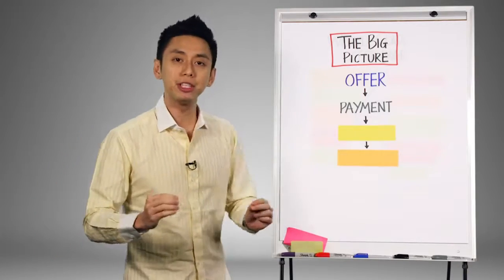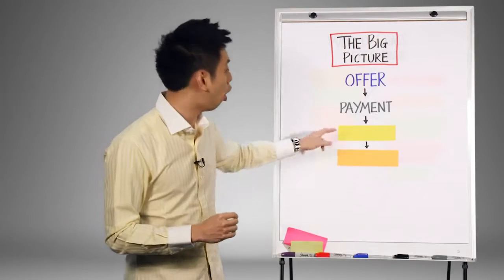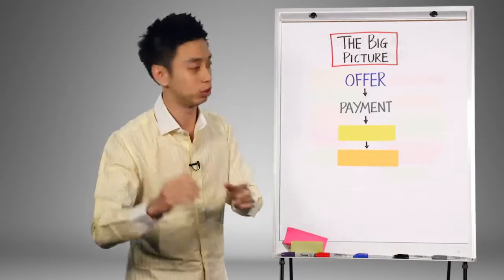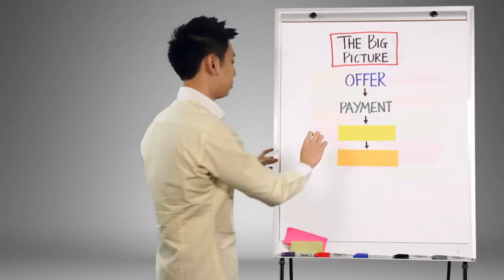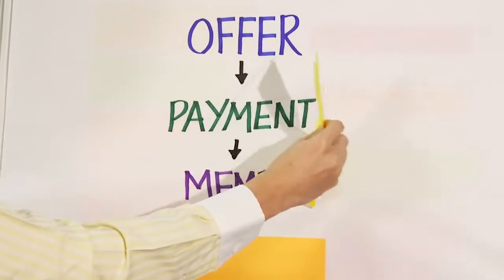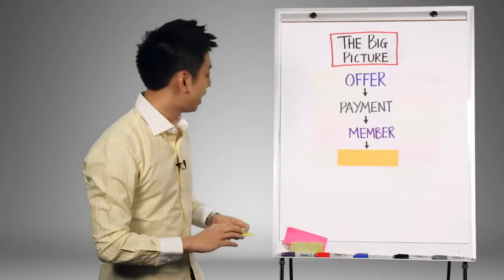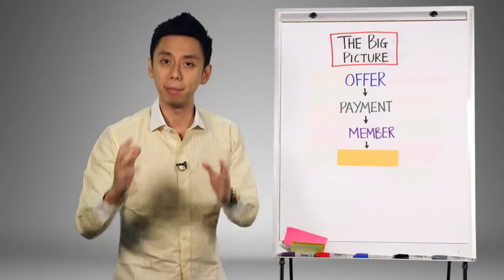Now, right after your customer makes payment to you, they should be automatically, and that's the key word here, automatically taken to the 3rd step. And this is the 3rd step. The 3rd step is they should be taken to this page that's pretty much a secret page that is hidden from the public. And this is a member page.